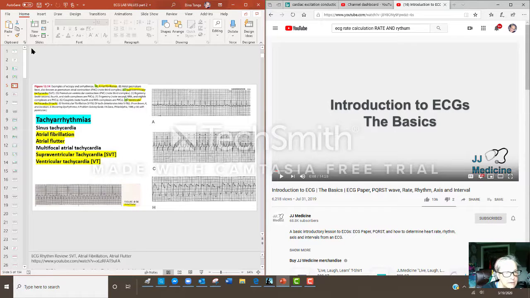Later on, we will focus on atrial premature beat, which is a PAC, and premature ventricular contraction, or PVC, and PVCs and VFib. So this one is mainly focusing on the tachyarrhythmias.